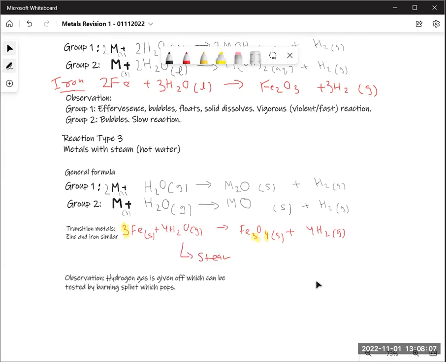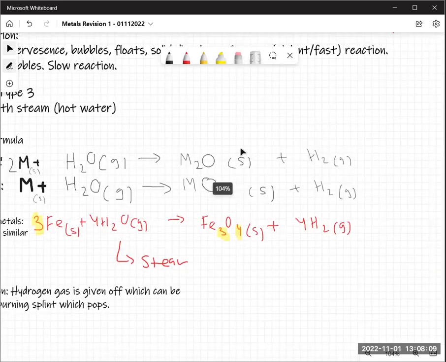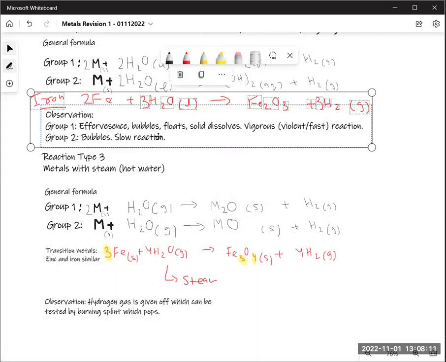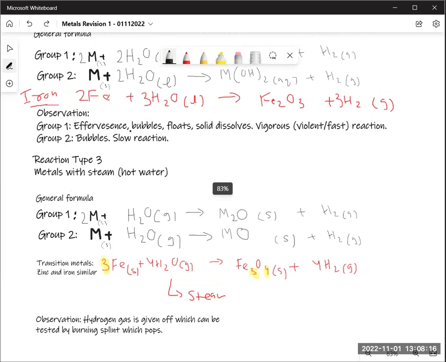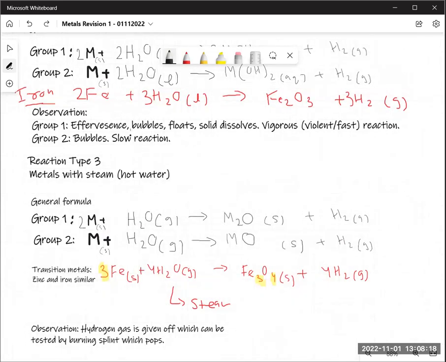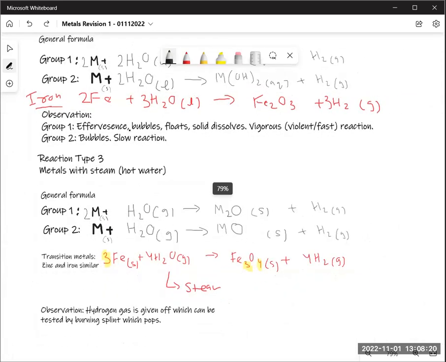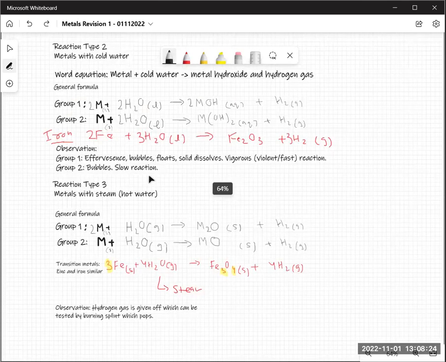Now, by the way, just add one more thing in the beginning part, which is the bubbles. In this case, they are also hydrogen. Wait, I'm still rewriting the cold water one. Can you scroll up after you write that? All right.